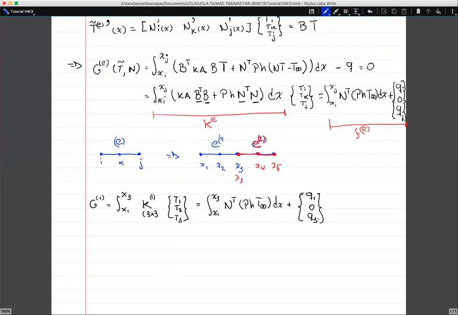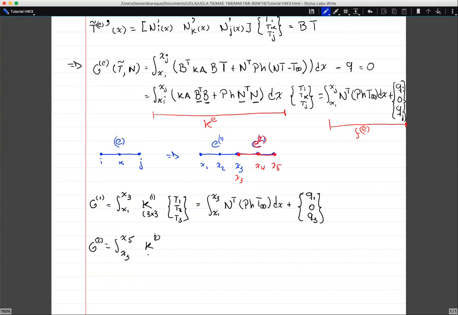Right? Because our boundary conditions for each element are defined only at nodes I and J, the end nodes of the element. So in the middle, we don't have any boundary condition. Now, for element 2, the limits of integration are from x3 to x5.